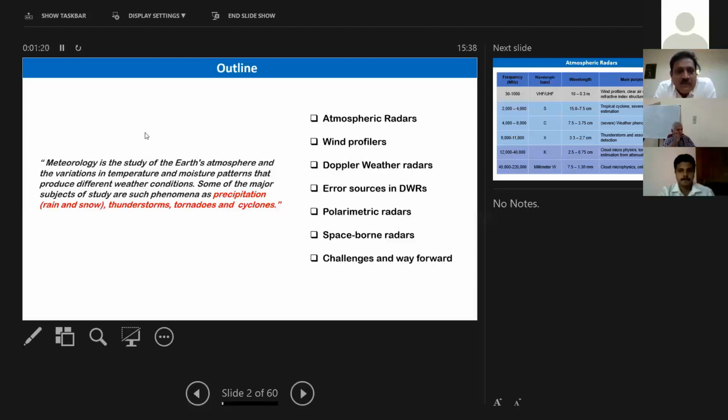Radar meteorology is a study of atmospheric science where you measure temperature, moisture, variations in the winds, and rainfall, basically to understand precipitation, thunderstorms, tornadoes, cyclones. So all these processes. Since we are using radar to understand these processes, we call it radar meteorology.